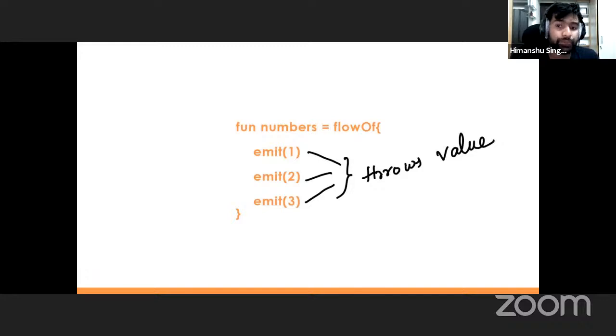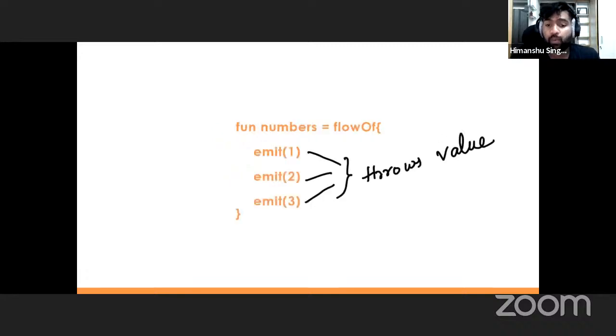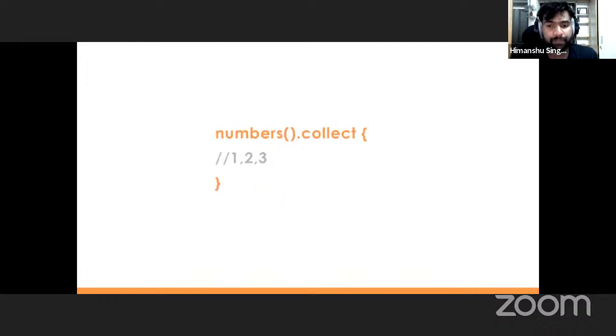Now if we want to collect it, we'll do it like this. We'll call the numbers function and we'll just add this collect operator there. Inside this collect, there would be all the values being emitted, which are actually 1, 2, and 3, right? So numbers.collect and it has started emitting here, right?